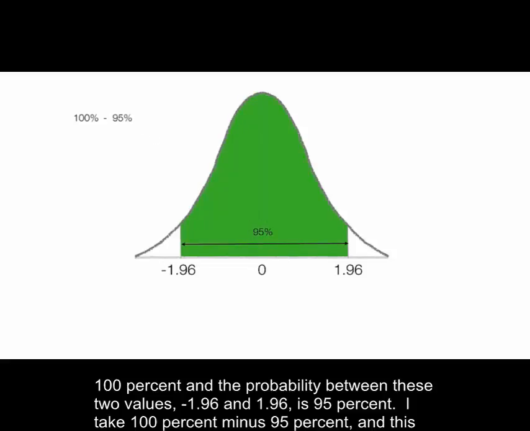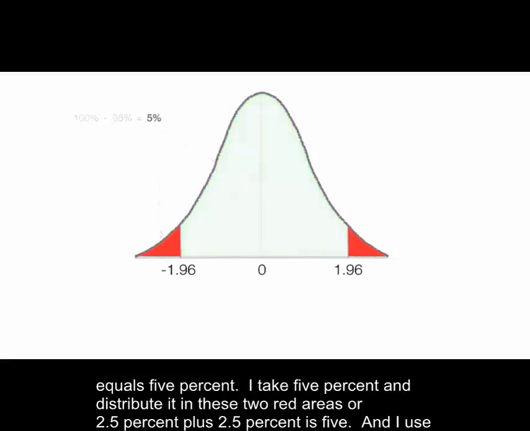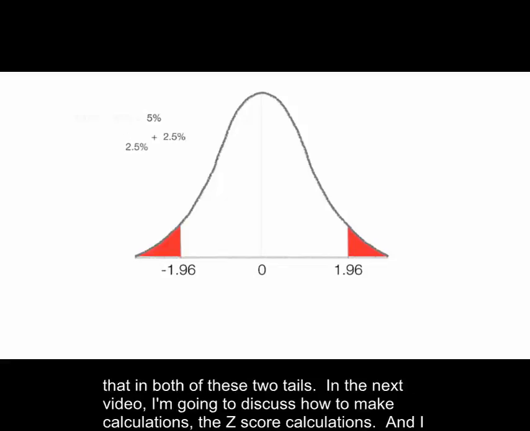I take 100% minus 95%, and this equals 5%. I take 5% and distribute it in these two red areas, or 2.5% plus 2.5% is 5%, and I use that in both of these two tails.